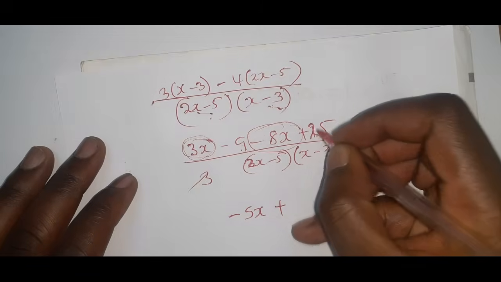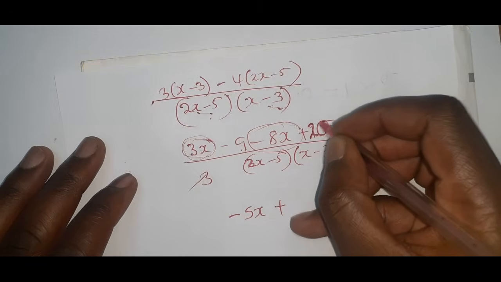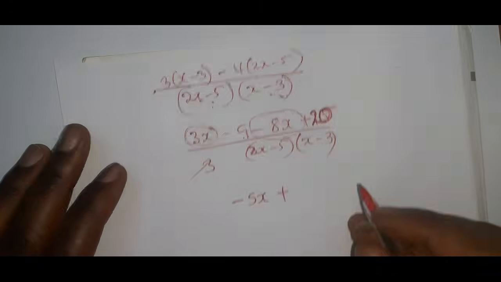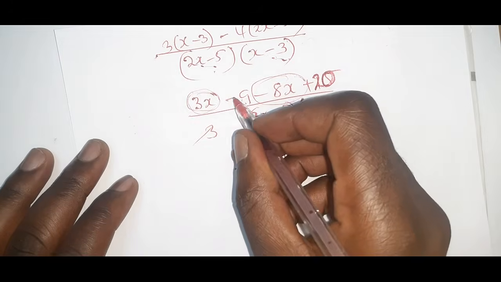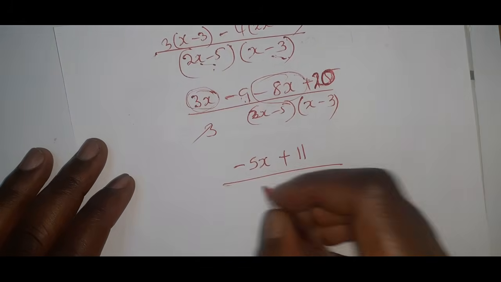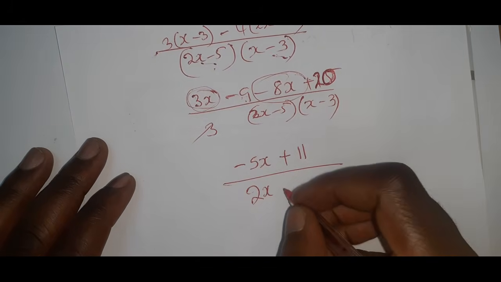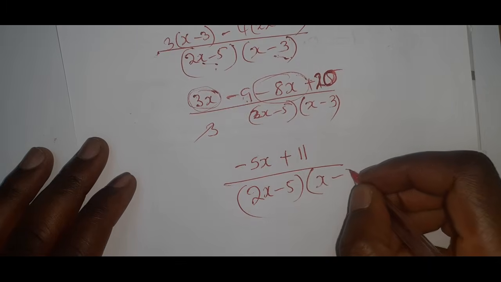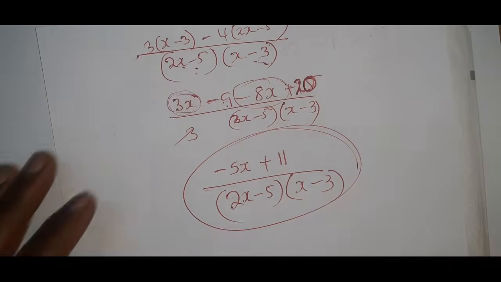Take note, this is 20 here. Then minus 9 plus 20, this will give us 11 over (2x minus 5)(x minus 3). This is what will be our answer here.